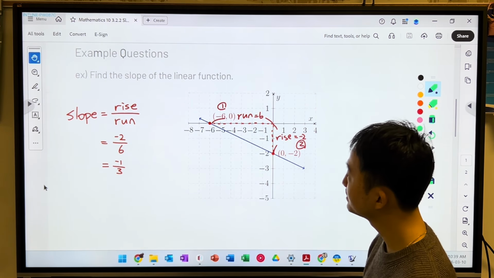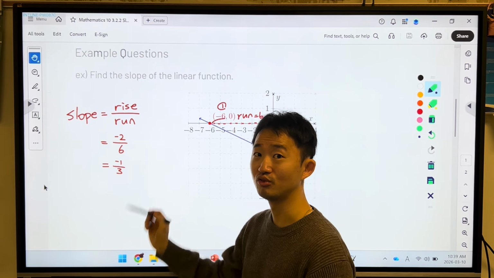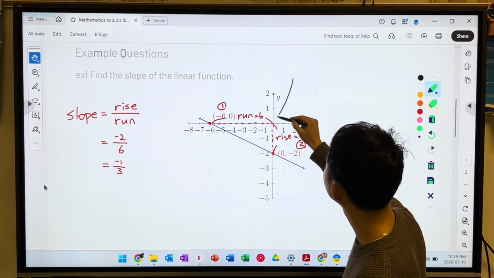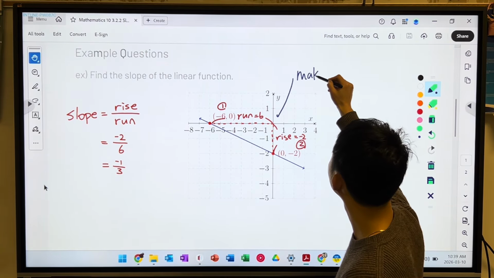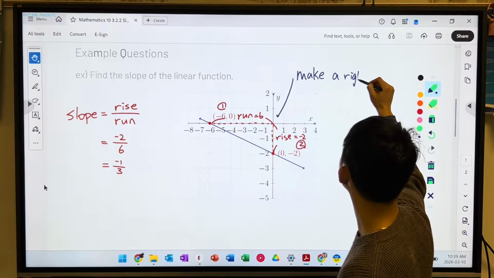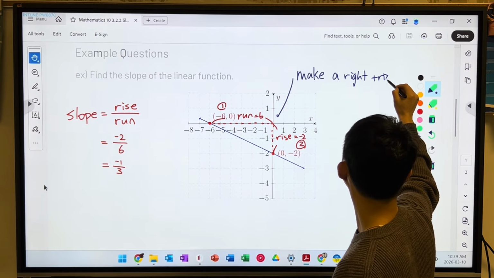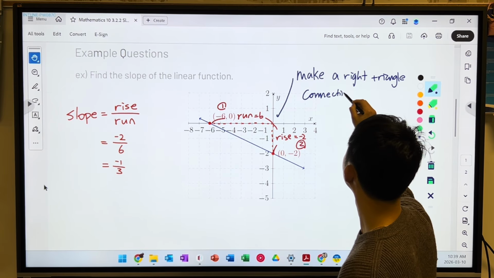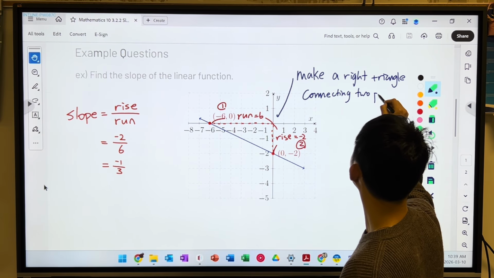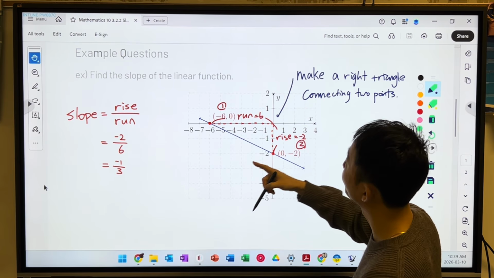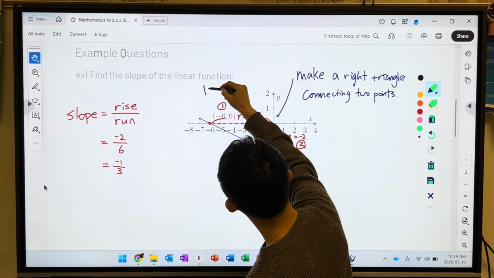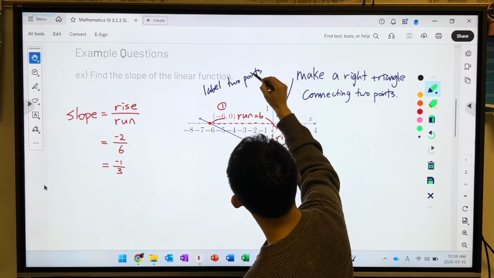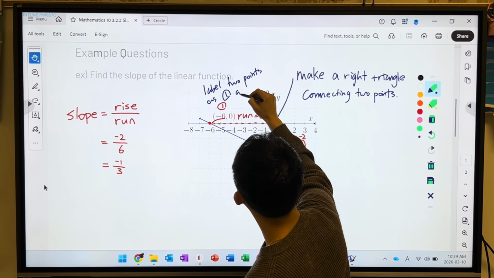Let's annotate the process. We use the slope equals rise over run formula. Actually, the first thing that I did was label 2 points as the first point and the second point.